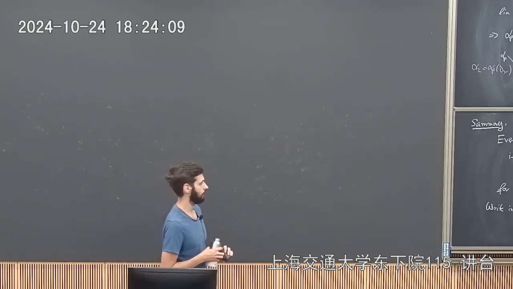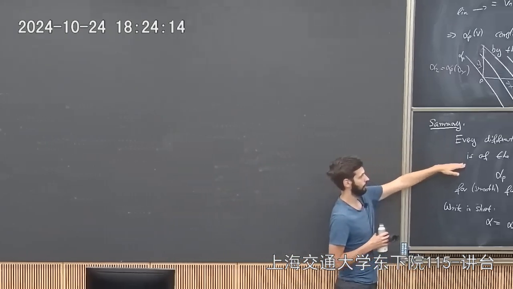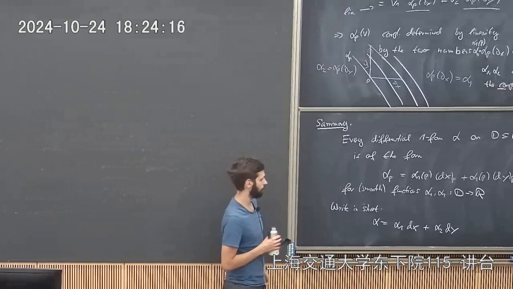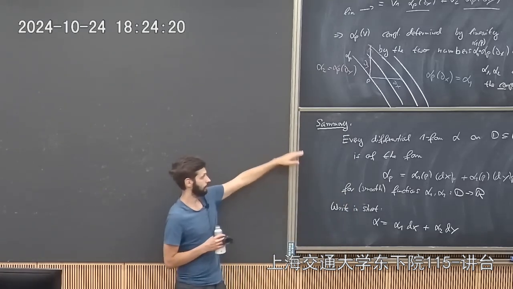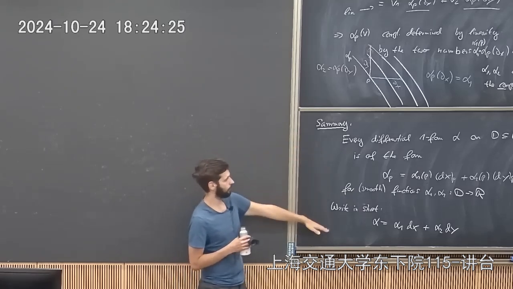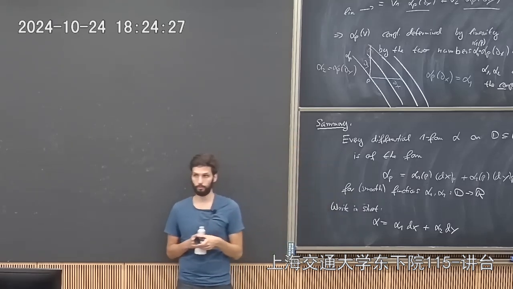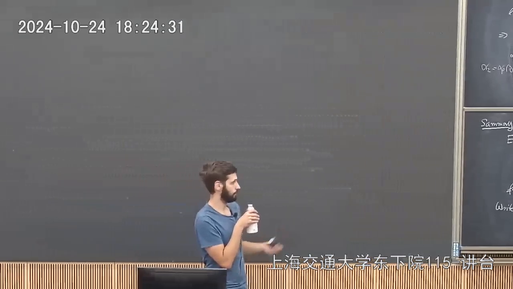So it's nothing crazy or scary. A one form on the open subset. The nice part is that this definition of a one form also makes sense on something curved. For an open subset, it boils down to just having two functions on the open subset, of x and y.